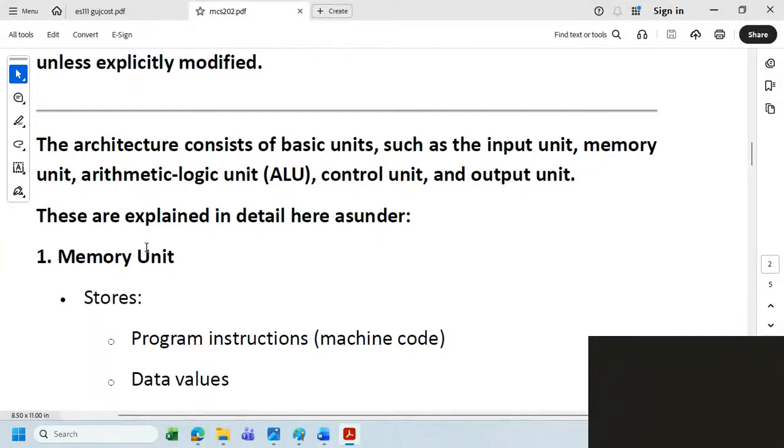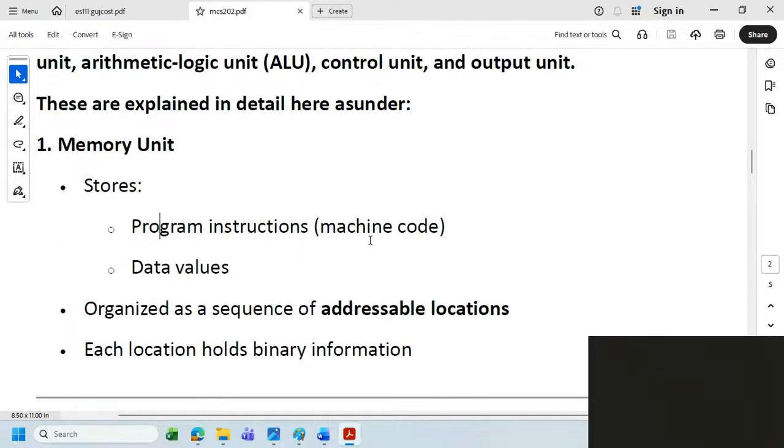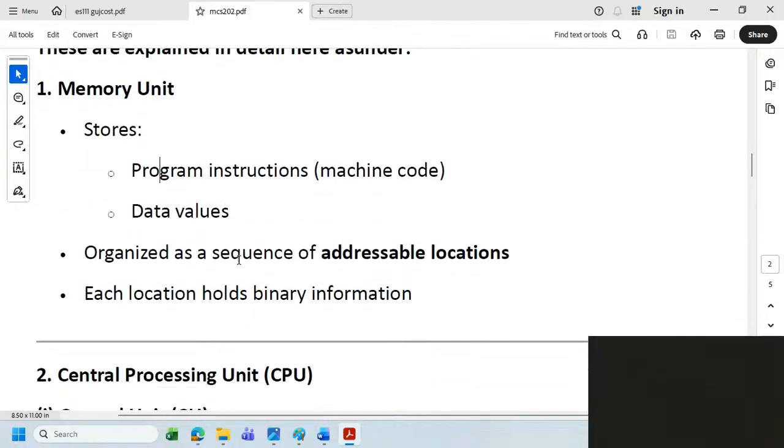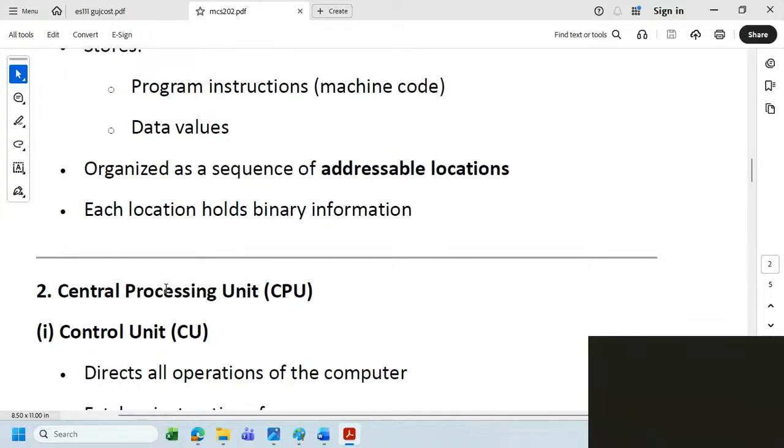These units are explained in detail here as under. Memory unit: it stores program instructions, machine code, and data values. The memory unit is organized as a sequence of addressable locations, and each location holds binary information.